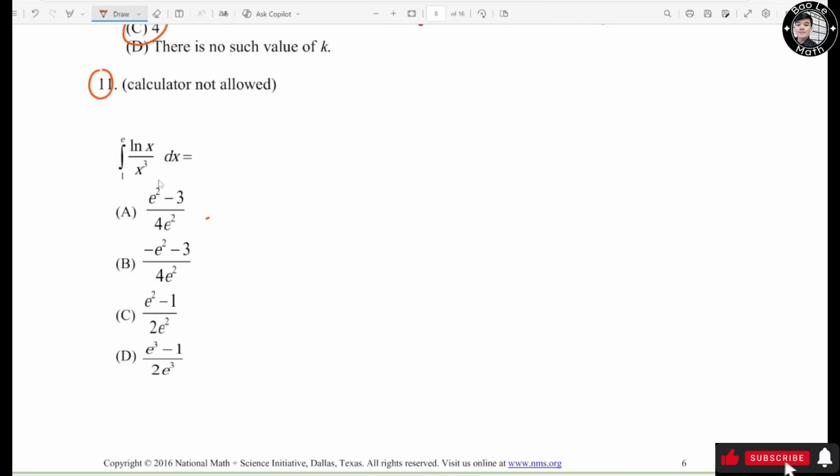Question 11. We need to find the integral from 1 to e of ln(s) over s cubed ds, right? So this guy is the same thing as integral from 1 to e of s to the negative 3 ln s ds, right? So we need to use the integration by parts. u equals ln s, right?